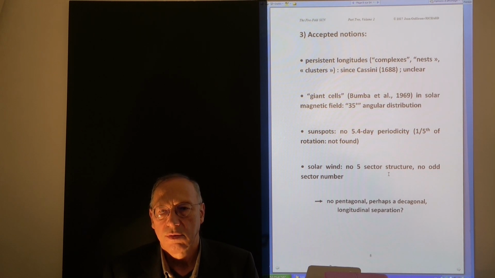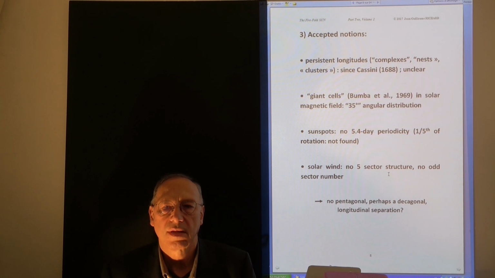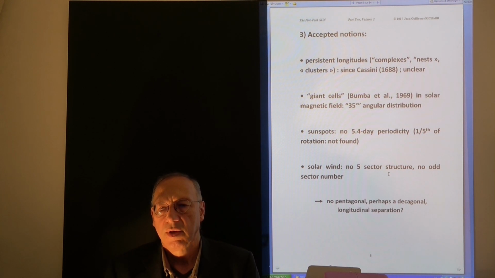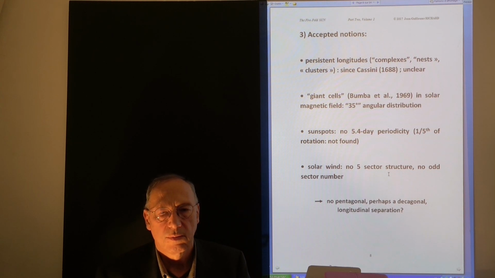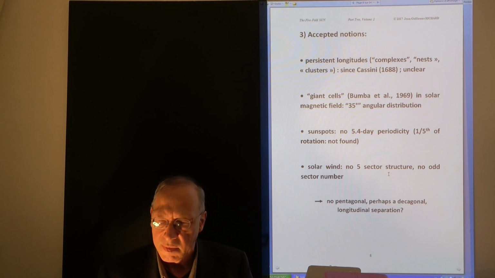So there is no trace, no clue of any pentagonal distribution in longitude of activity in the Sun or any other phenomenological parameter that would verify anything pentagonal, but perhaps a decagonal after the postulated distribution of giant cells in 1969.